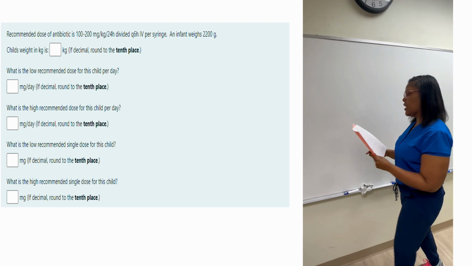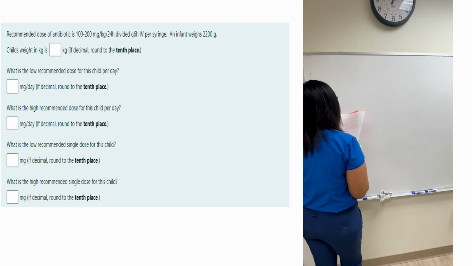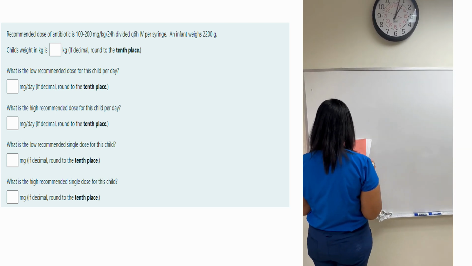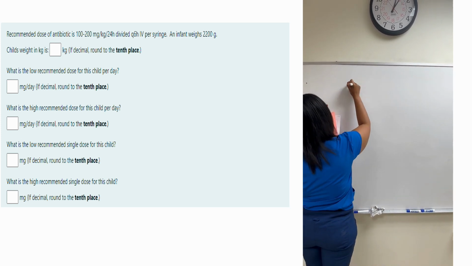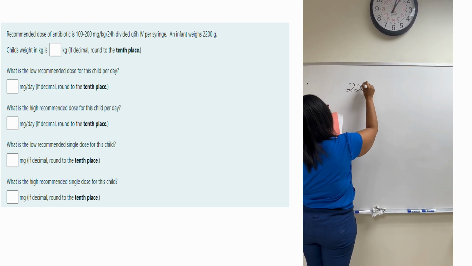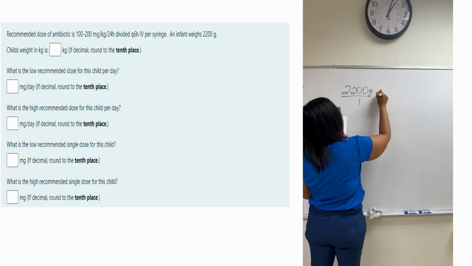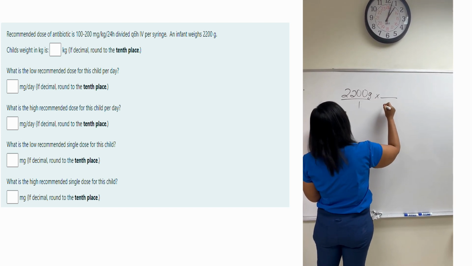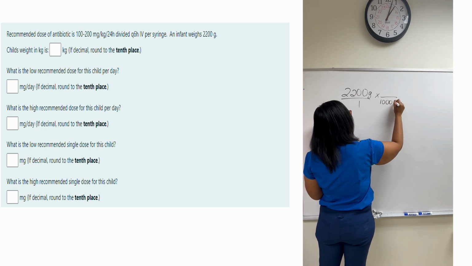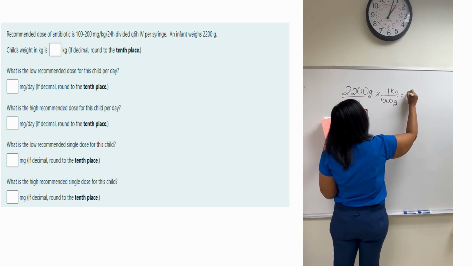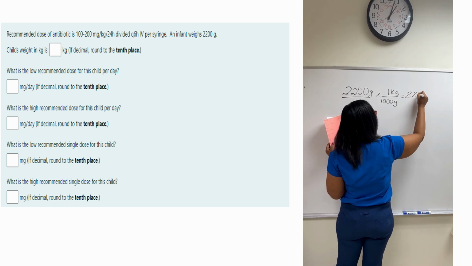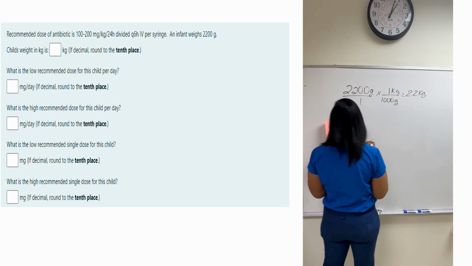We know that our weight needs to be in kilograms, and our weight is currently in grams. So we're going to take our 2,200 grams and put it over 1. We know that there is 1,000 grams in 1 kg. So our child's new weight in kilograms is 2.2 kgs.